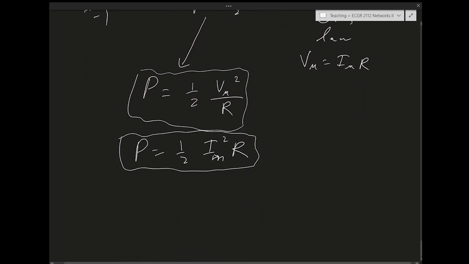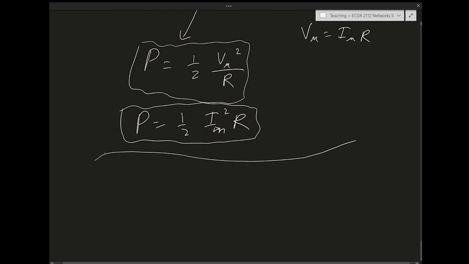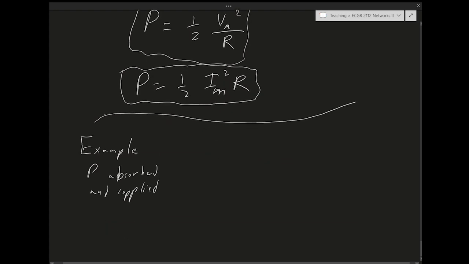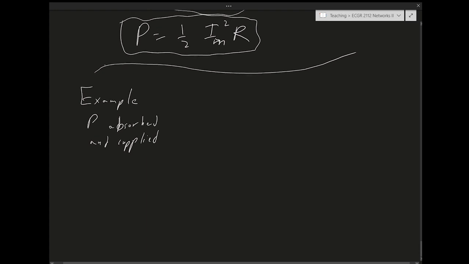Let's do another example. We want to find the total power absorbed and supplied in this circuit. We have a voltage source, and then I have I, or let me call this I, and then I have two branches.